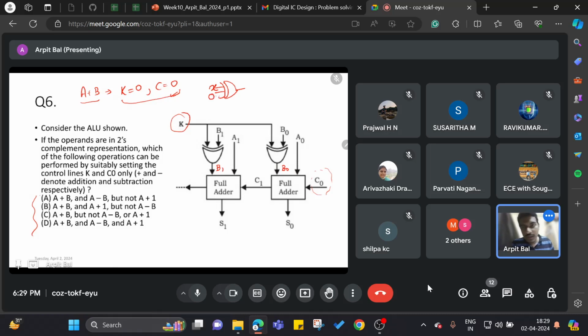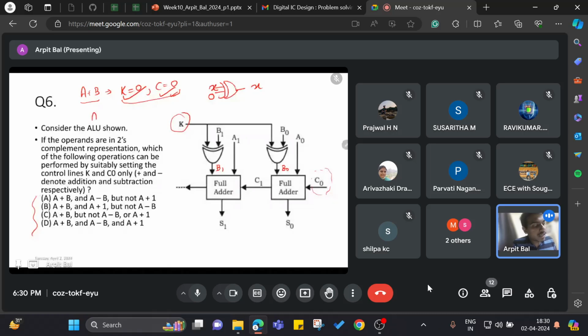If you have 0 as one of the inputs, then the output is going to be x, that is, the true form of the other input is reflected. So k equals 0 is correct to get b here. Now the question is, what should be the value of c? 0. Okay, so if c equals 0, then the complete a0 b0 is added to a1 b1. So a plus b is possible.